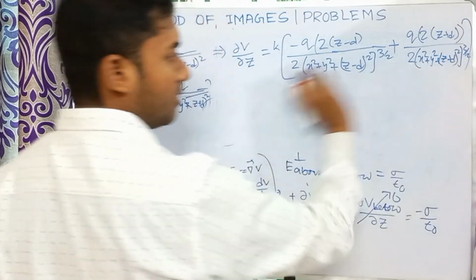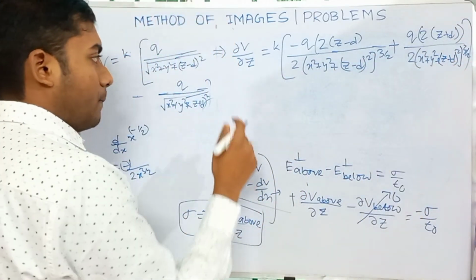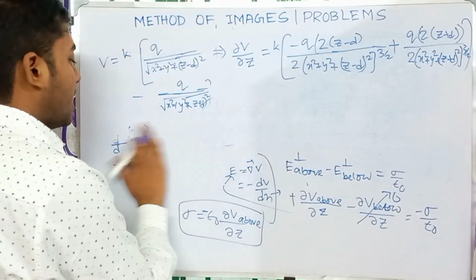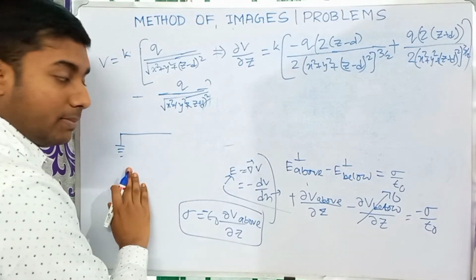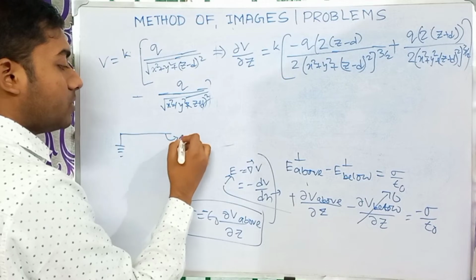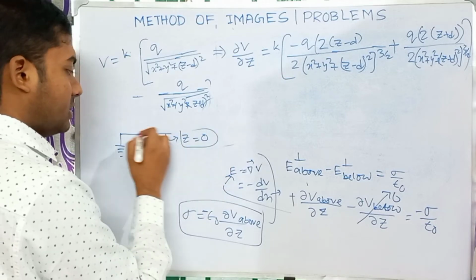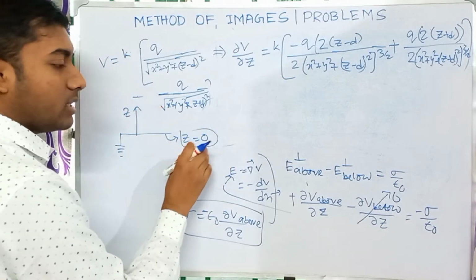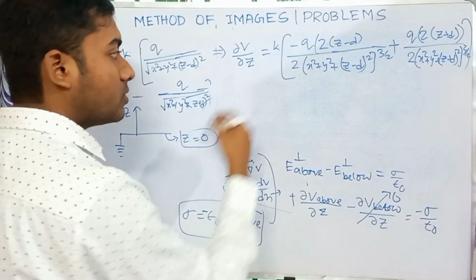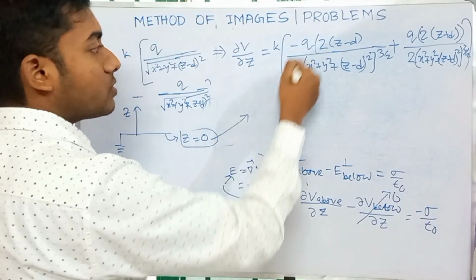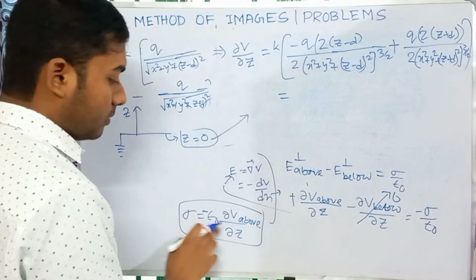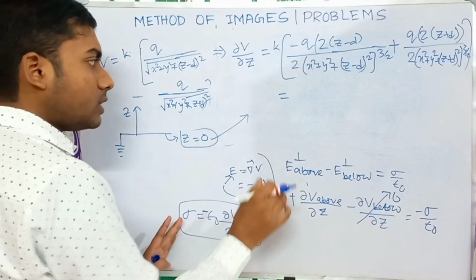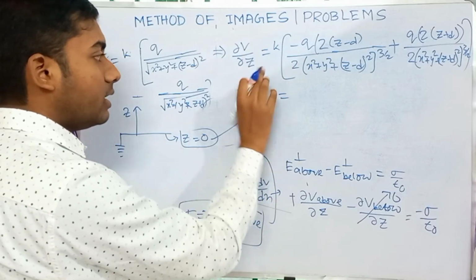Now we want to find the surface charge density sigma on the conducting plane situated at z equals 0, from the previous figure, the xy plane. So first we have to find dv dz.